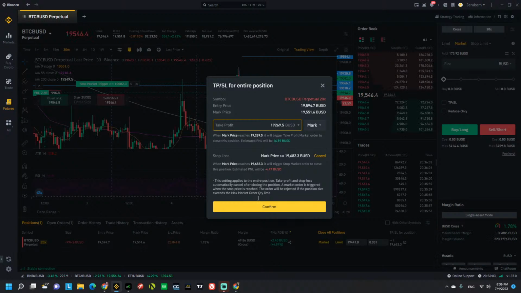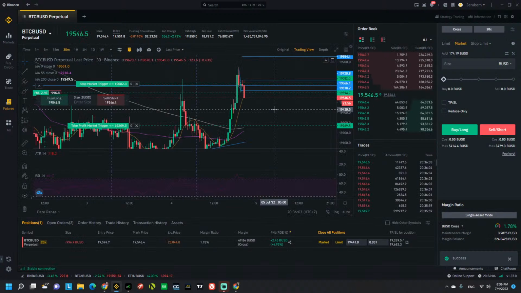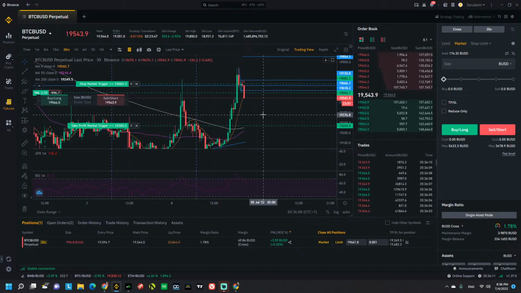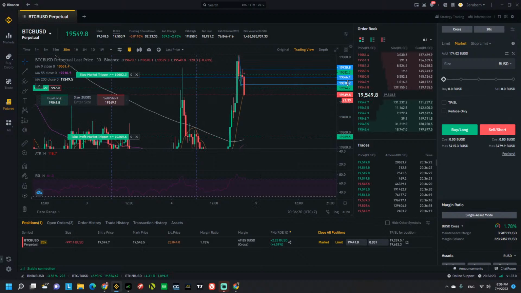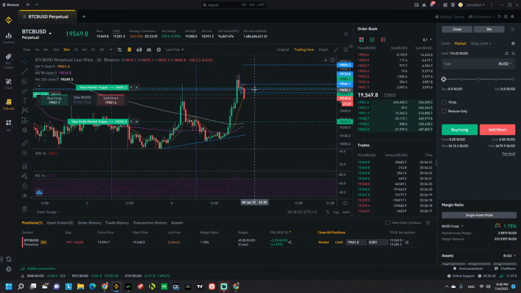It's about 16. Now either way, if it moves here and starts going up, then what we will do is we'll take our profits. That is if it moves. So hopefully it doesn't go back and hit our stop loss.